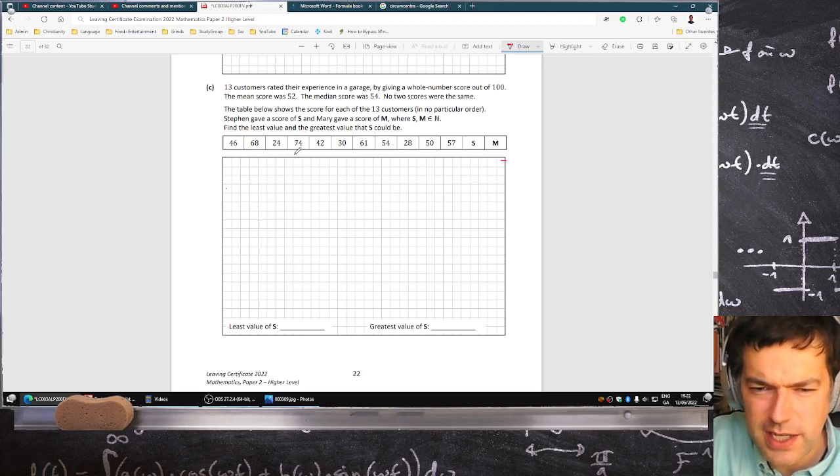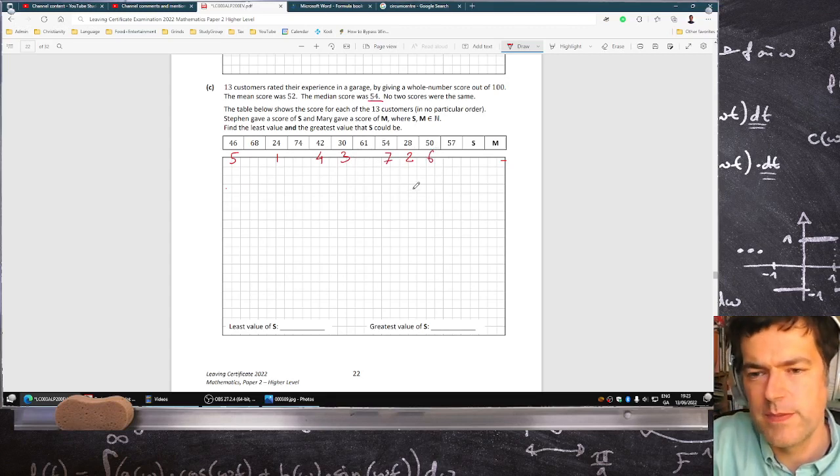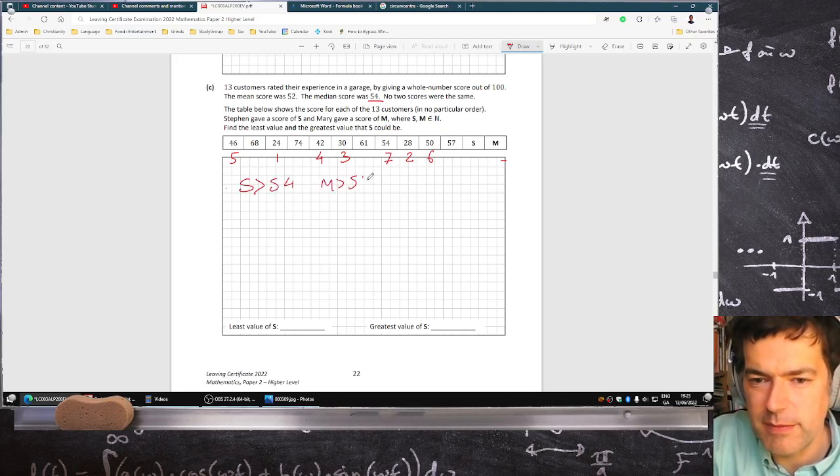So counting out from the lowest, 1, 2, 3, 4, 5, 6, 7. The median is 54. These guys have to be more than 54, and they can't equal 54 because you can't have duplicates. So the smallest value S could be is 55.